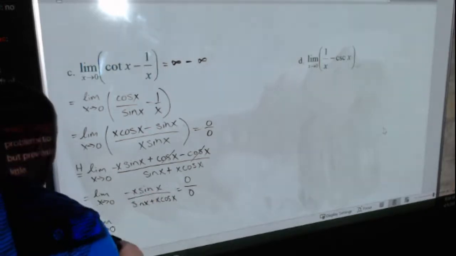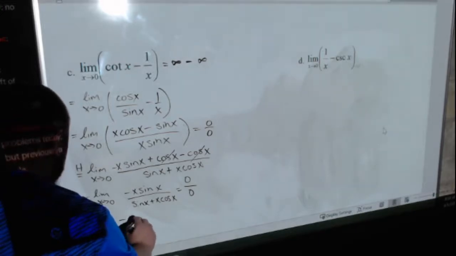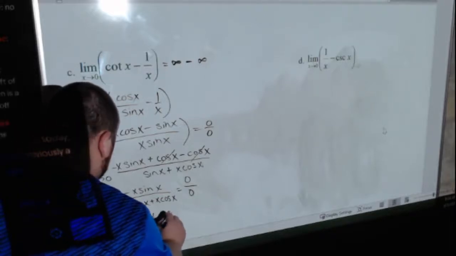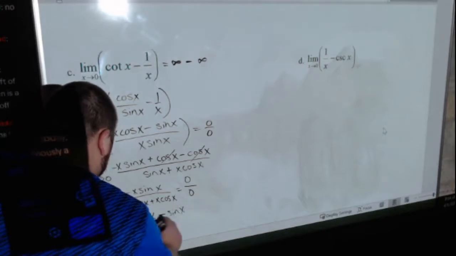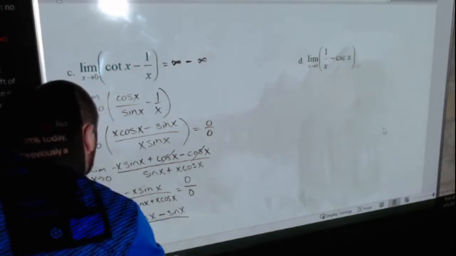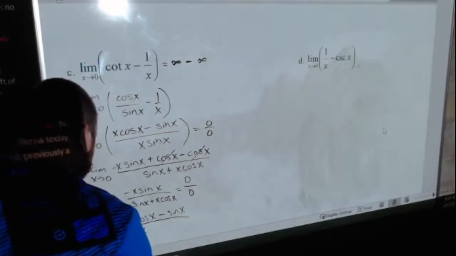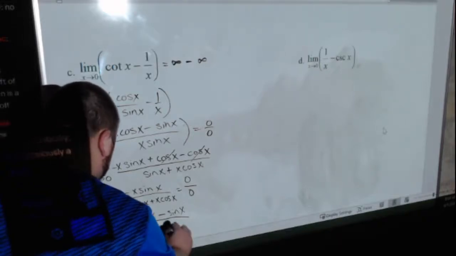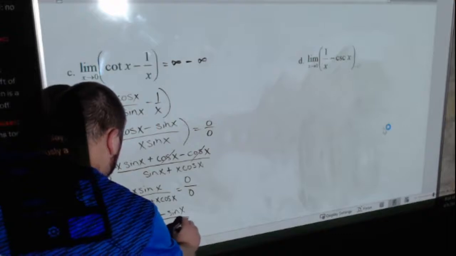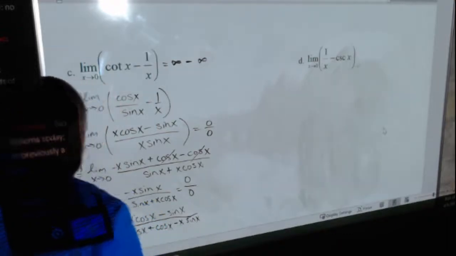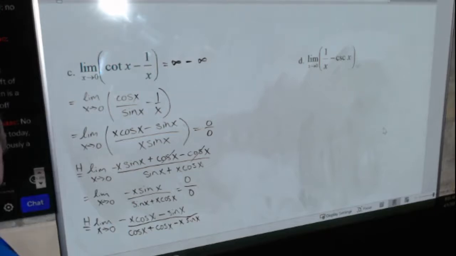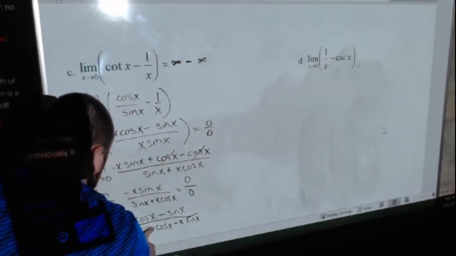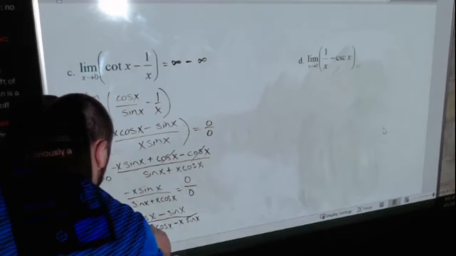So product up here once again. And then I see I've got a cosine plus cosine down here, so I'm just going to make that two cosine.